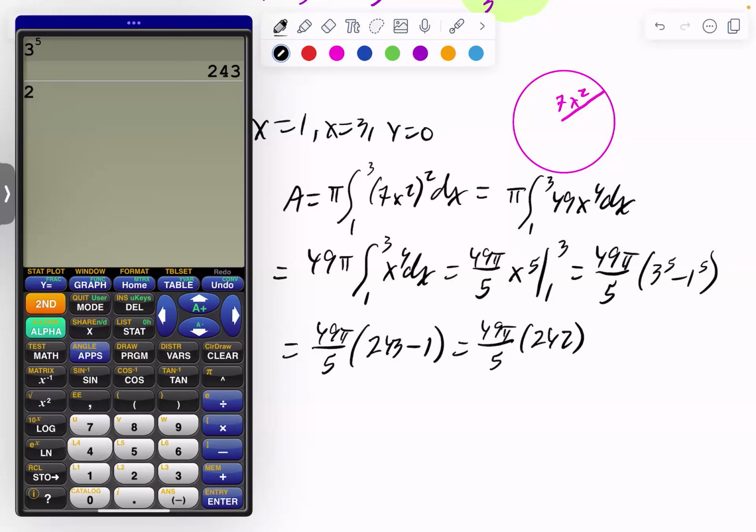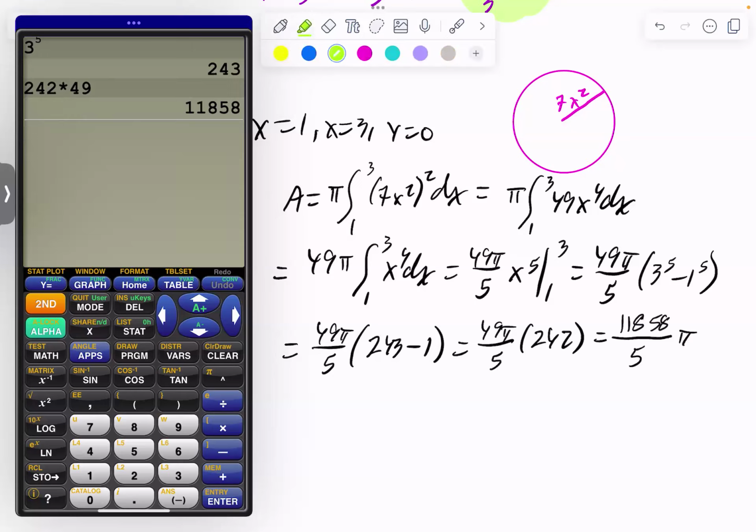So 242 times 49 divided by 5. So we're going to get 11,858 over 5 times pi. Again, we'll leave that in exact form. Makes it just a little bit easier to deal with.